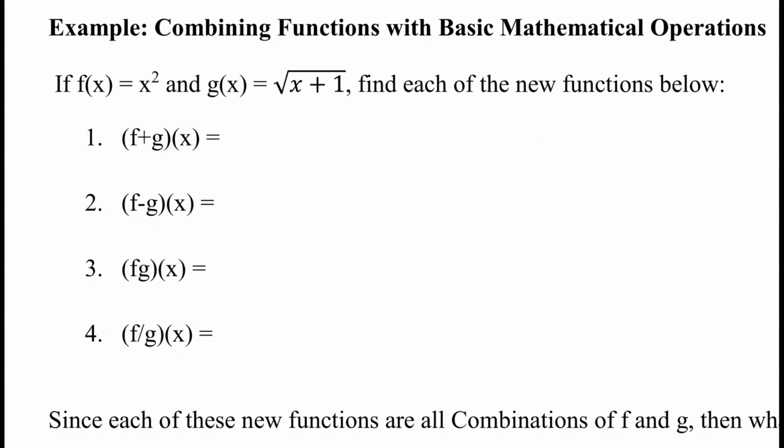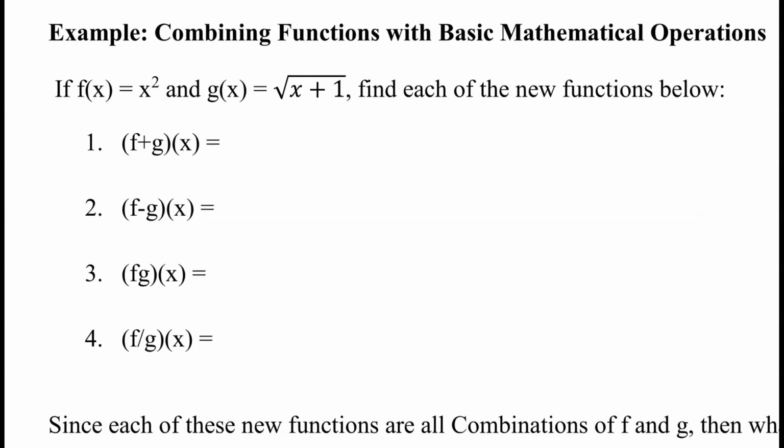All right, so let's apply it. We're asked to do these 4 different combinations. First, we're asked to do f of x plus g of x. Remember, this second set of parentheses, what is our input? Lucky enough for us, for these problems, x is already the input on f of x and g of x.